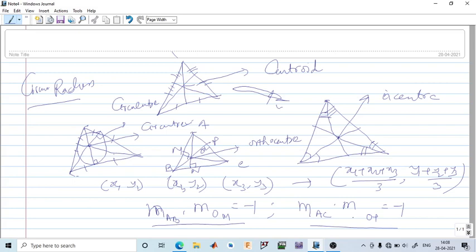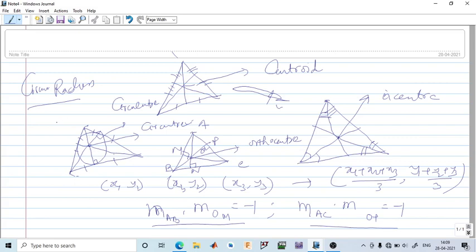For circumcenter and incenter, let me provide the idea on the next page, or for circumcenter I can provide it on the same page also. I have told that circumcenter is the point of concurrence of the perpendicular bisectors.